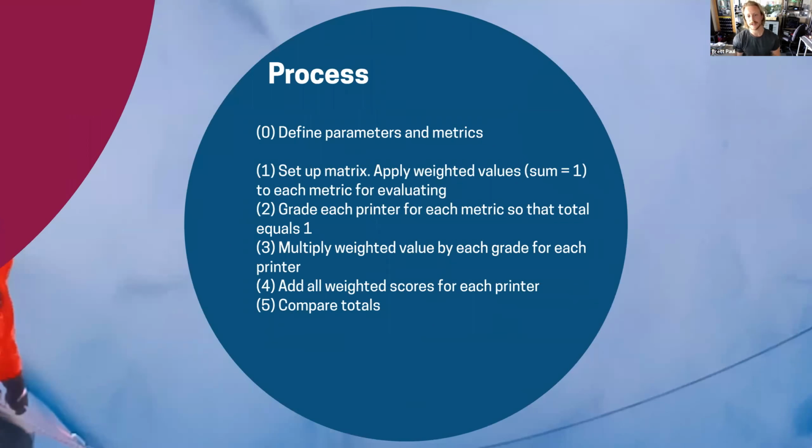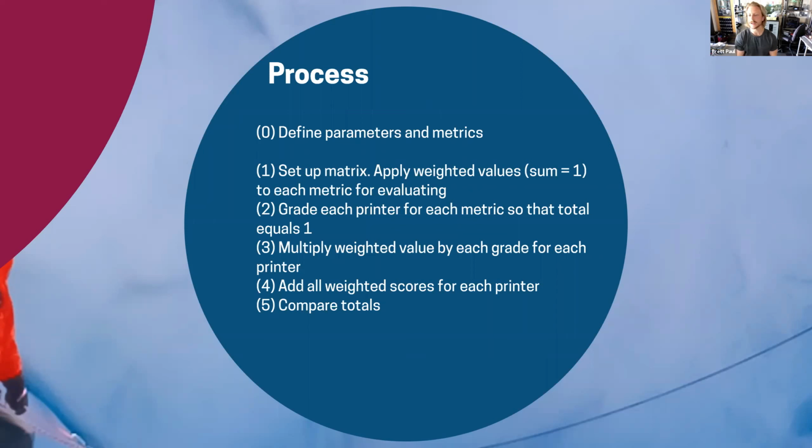The process itself will make sense by the time we're done, and then you guys will have a chance to work with your small groups on a practice problem. But step 0 is to define the parameters and metrics by which you're going to measure these printers.